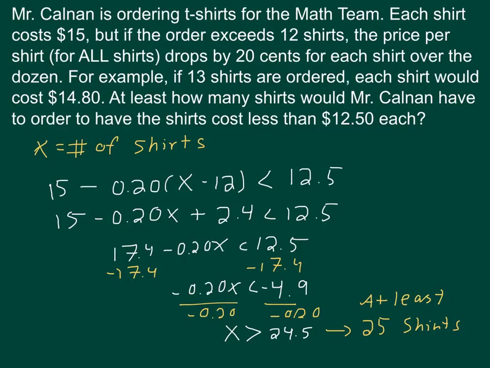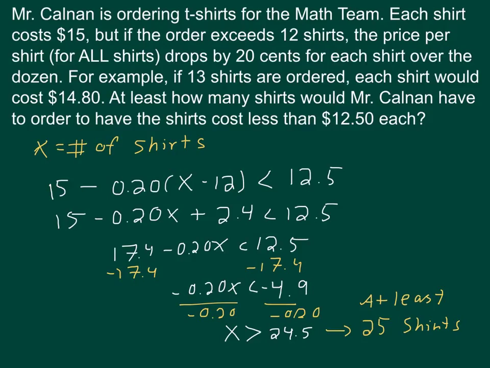And then at the same time, we can't continue this forever. For example, if I ordered 112 shirts, that would be 100 20-cent discounts. Well, 100 20-cent discounts is going to be a little bit too big because I'm pretty sure that I'm not going to be able to be getting these shirts for negative $5.